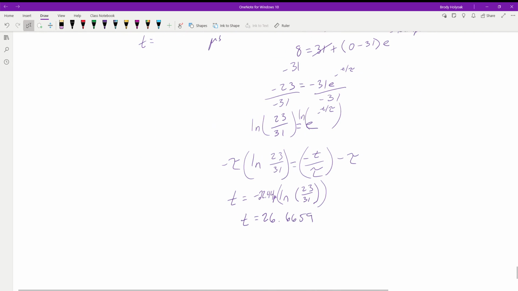I think I fat fingered something wrong in there. 6.698 microseconds. That sounds better. I think my calculator's dying. That's why it's giving me weird random values. Okay. So this time is how long it takes it to get to 8 volts.